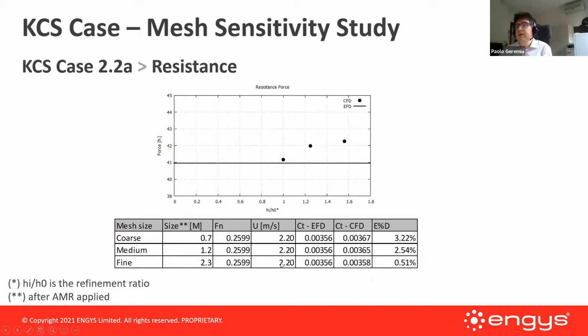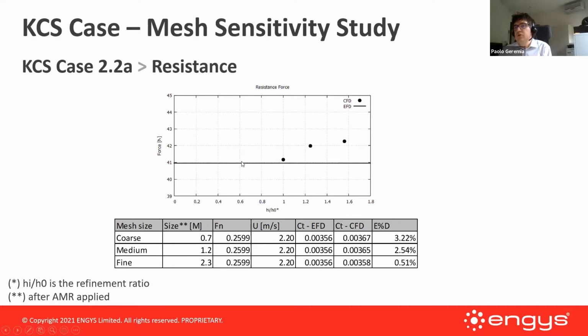You can see here from the graph, on the x-axis, you have basically the refinement ratio between the different mesh sizes. So 1 means the fine mesh. This is 1.5, about the coarser mesh, and this is the experimental result.